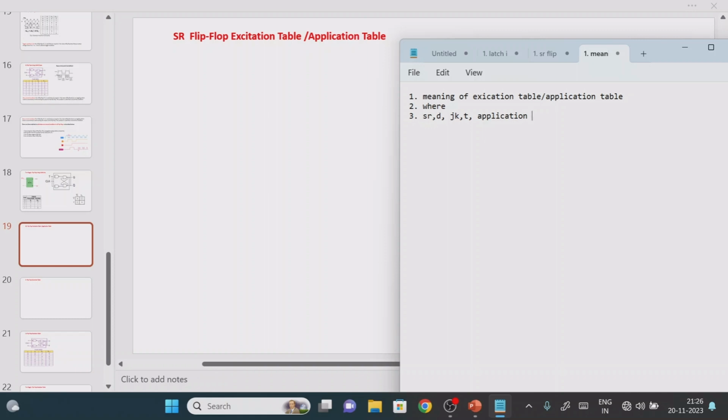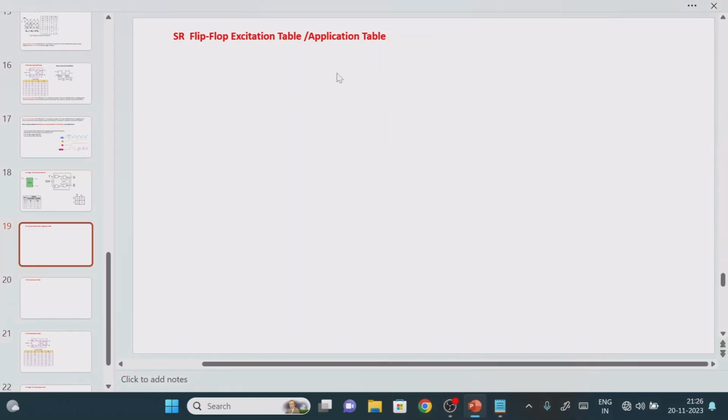First we will see what is the use of the excitation table. Excitation tables are useful when you are converting something. For example, if you have an SR flip-flop, and we need to convert it in terms of the JK flip-flop, then we require two things. The first is the truth table.